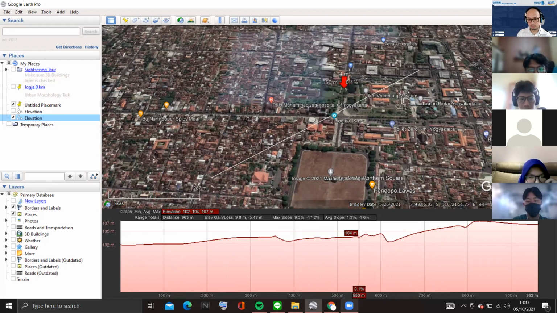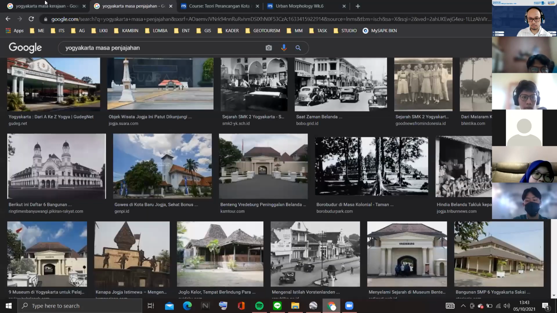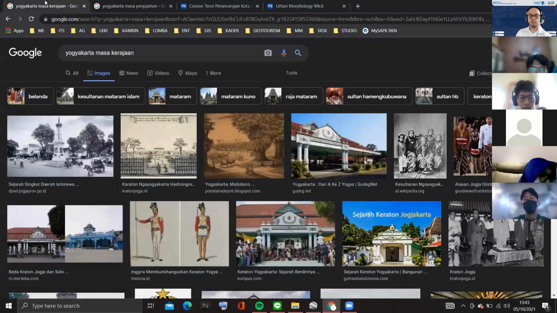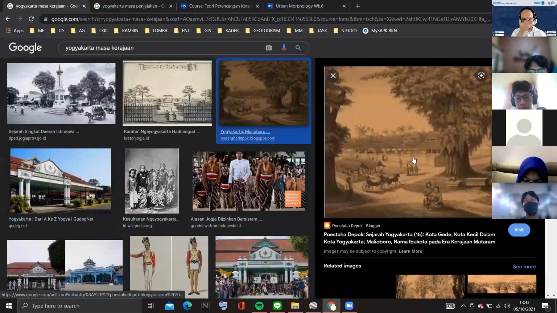And for the next one, I have difficulties finding pictures of Yogyakarta in the pre-colonial era, which is the kingdom era, maybe. The pictures are mostly from when the Dutch came to Indonesia.